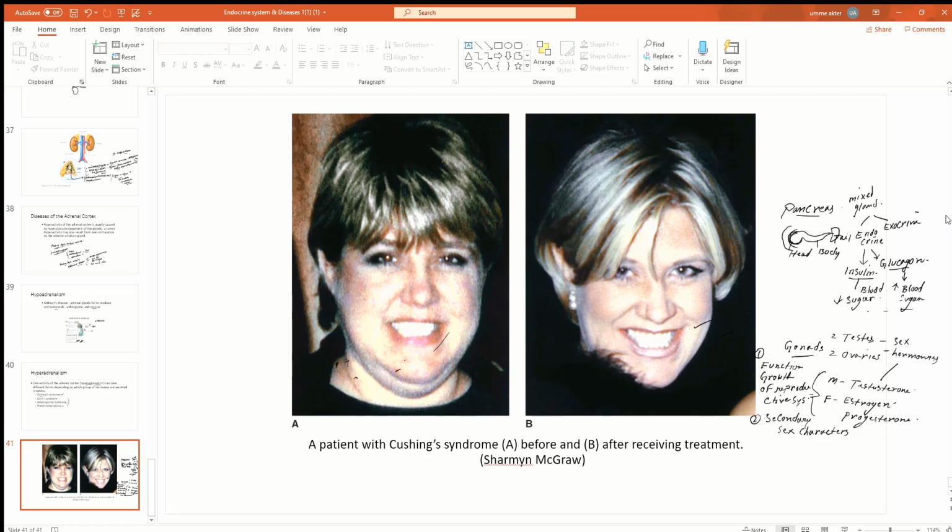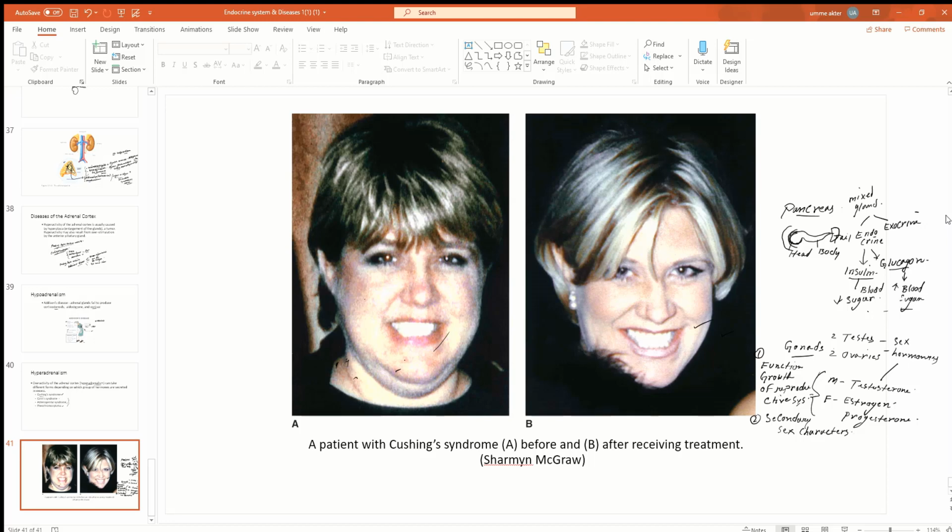You all know that if a girl starts to get male sex hormone testosterone, then changes start to occur in the body, right? The appearance becomes more male appearance. So we know that sex hormones give the external appearances of a male and a female.